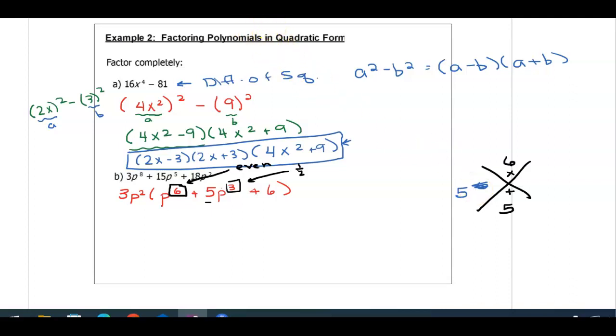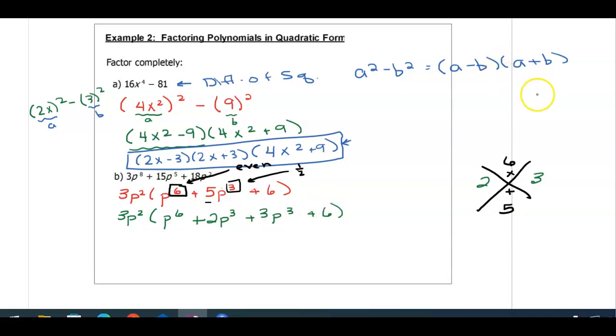Sorry, brain fart. That is not 5 and 1. That is 2 and 3. My bad. So that means we can break this apart and write it as p to the 6th plus 2p cubed plus 3p cubed plus 6.